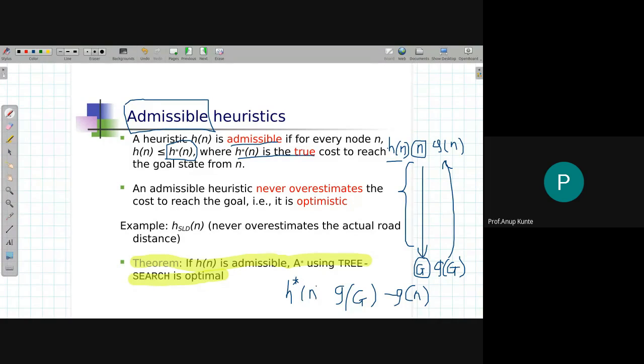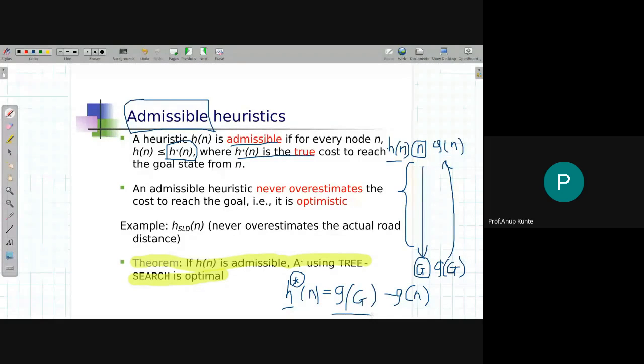So this h star of n is the actual cost. Although they're using h here, they are defining another function. Star is written because they want a notation to define another function. This happens a lot in mathematics: same notation, you alter it a bit and say that now this function is this one. But what actually is h star of n? H star of n is g of capital G minus g of n. That is the actual cost you incur for reaching from a node n to the goal node using the cheapest path. Okay, this will be understood after you follow the path.